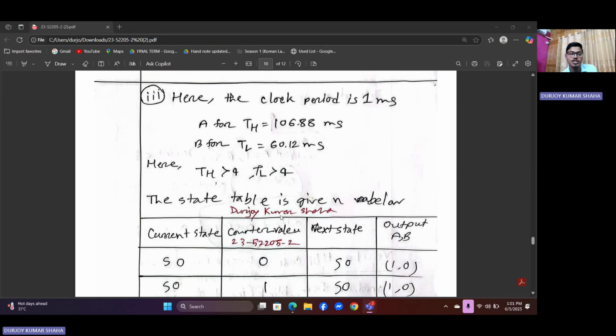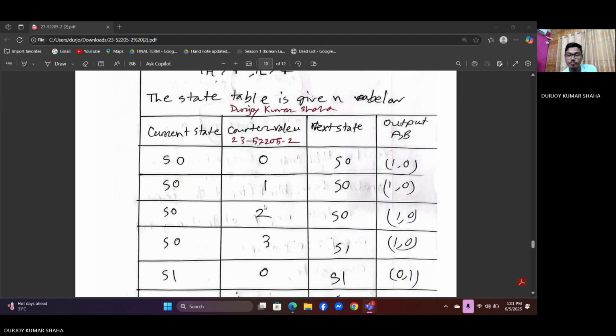It shows how the system behaves based on the current state and the input variables. There are two main states, S0 and S1. The system transitions between these states depending on the counter value. For instance, while in state S0, for counter values 0 to 2, it remains in S0 and produces an output of 1, 0.